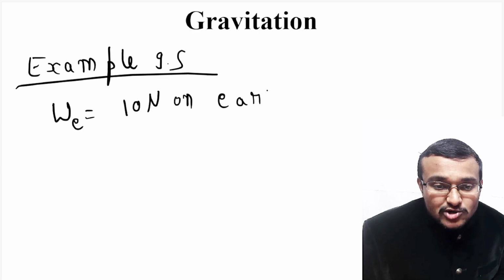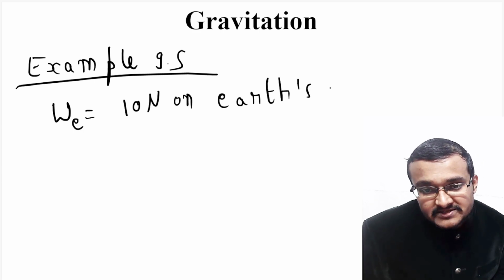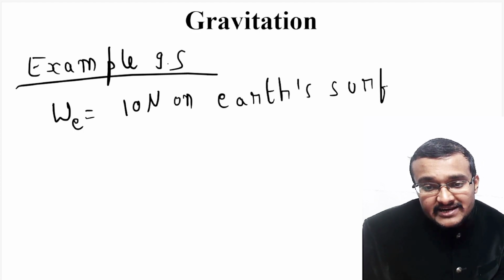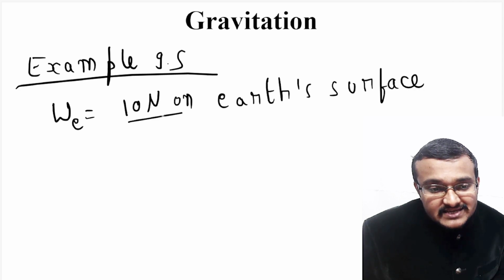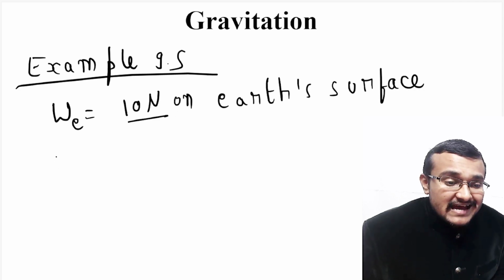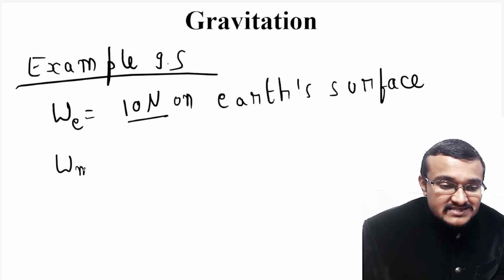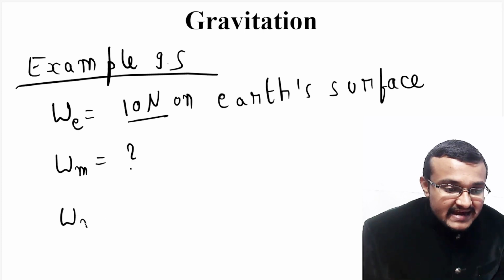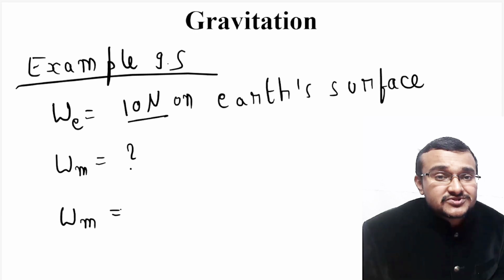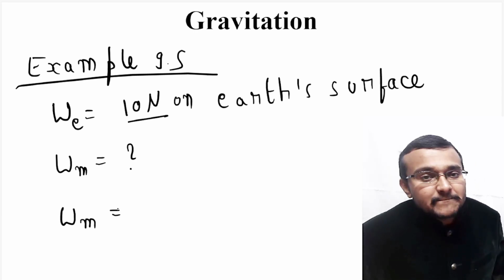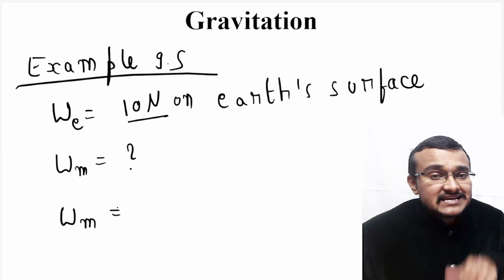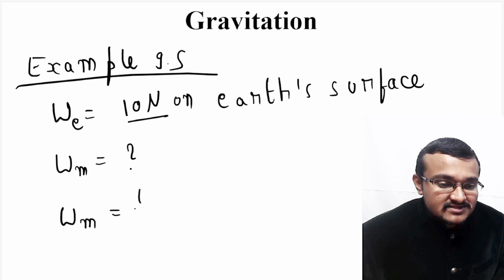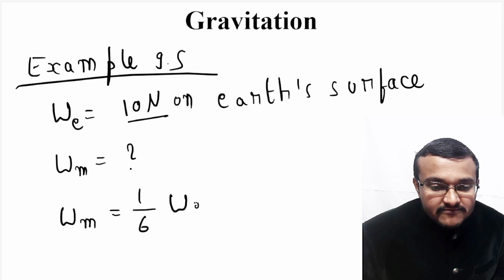Weight on Earth's surface of this object is equal to 10 Newton. Now you have to calculate the weight of the same object on Moon's surface. We studied that weight on Moon's surface reduces by 6 times compared to the weight of the same object on Earth's surface. So that is 1 by 6 of WE.